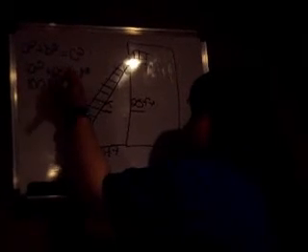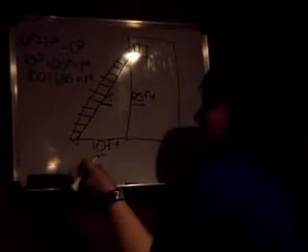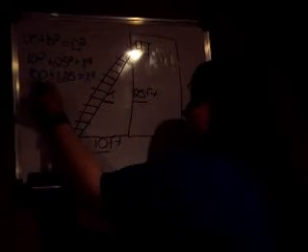So now I'm going to take 10 feet squared plus 25 feet squared equals x squared. So 10 squared is 100. And 25 squared is 625. So add those together and you get 725 equals x squared.